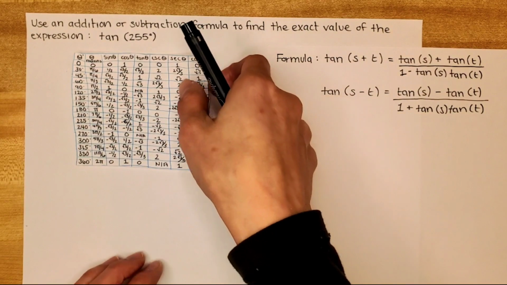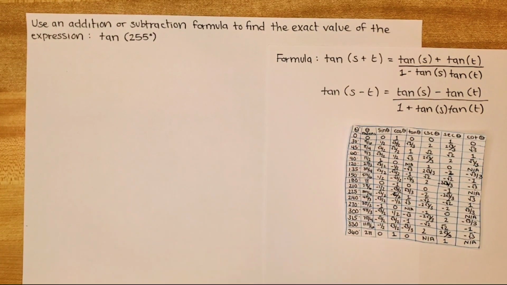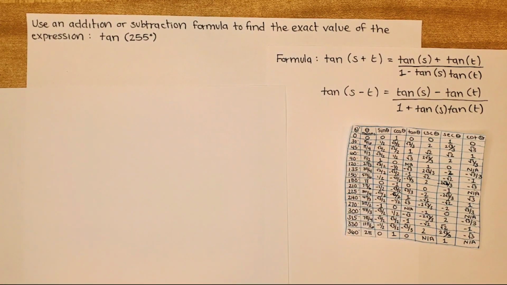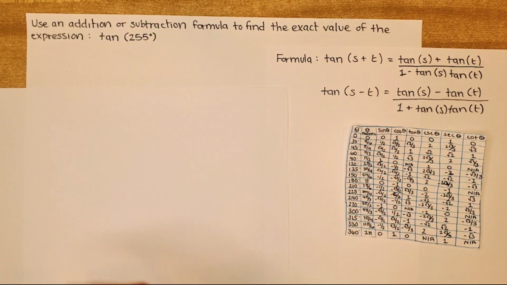So we're going to pick two values that equal 255 degrees. Whether it's subtracting or adding, it really doesn't matter, as long as we pick two exact values given here in order to reach 255.